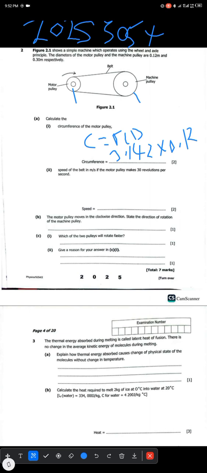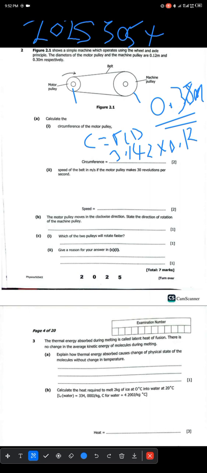When we multiply 3.142 by 0.12, our answer is 0.377. When you round it off, it will be 0.38 meters. So our circumference will be 0.38 meters.